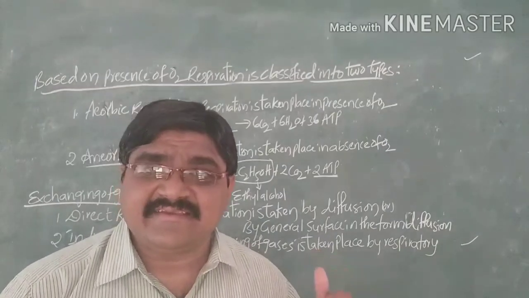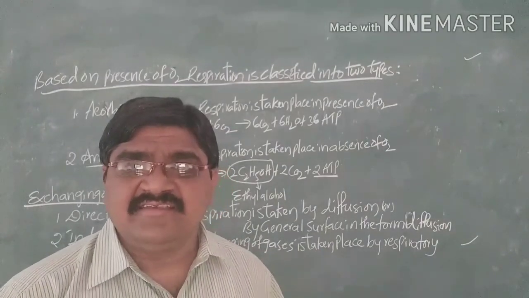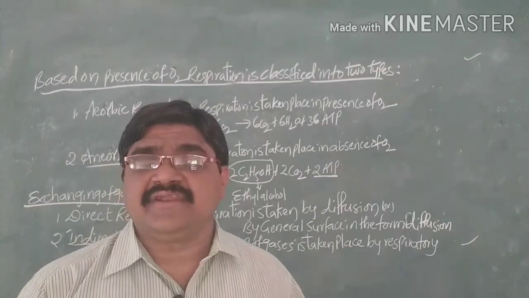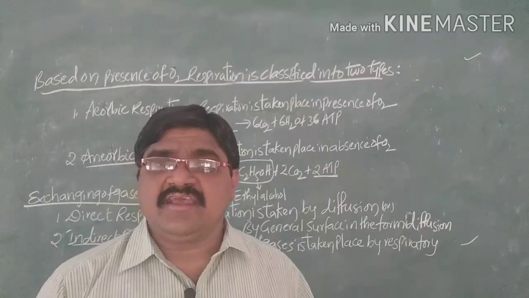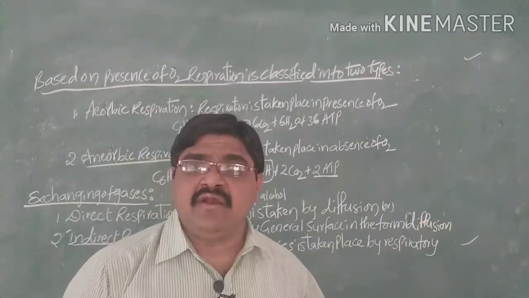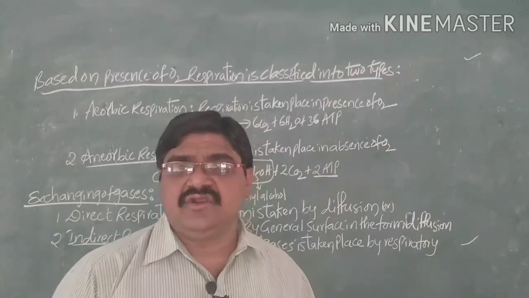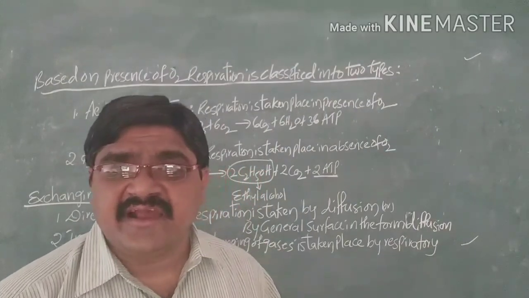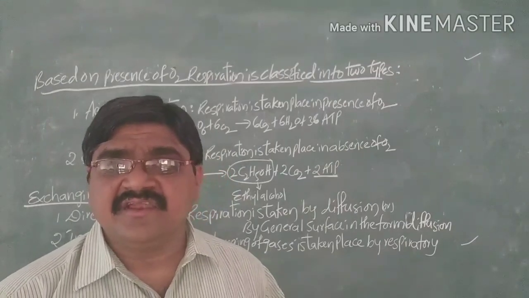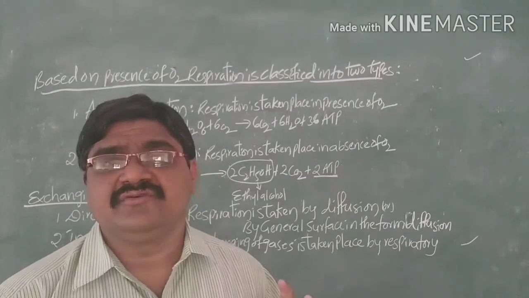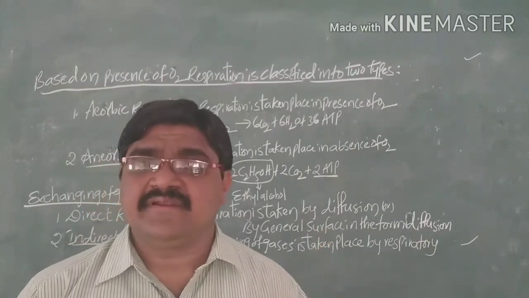In the next class, we'll discuss the respiratory system, that is breathing and exchange of gases, and how it takes place. There are two zones: the conducting zone and the respiratory zone.